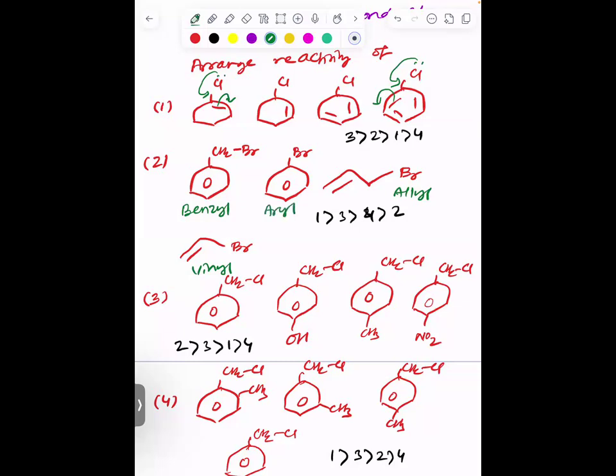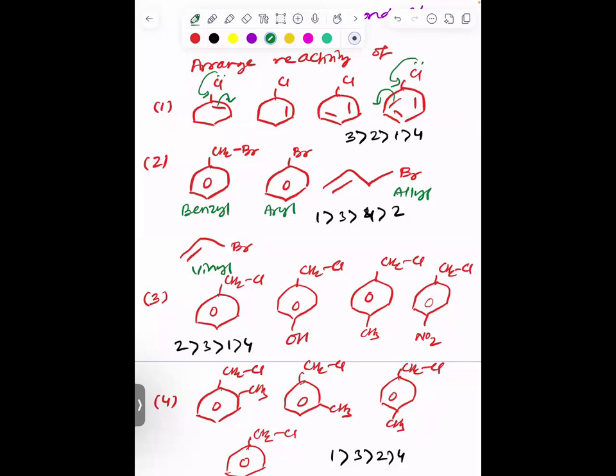Haloalkene or vinyl again has partial double bond character. Looking at stability, benzyl has more stability than allyl.